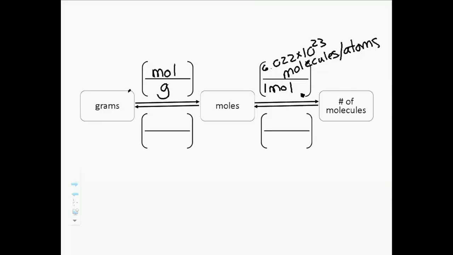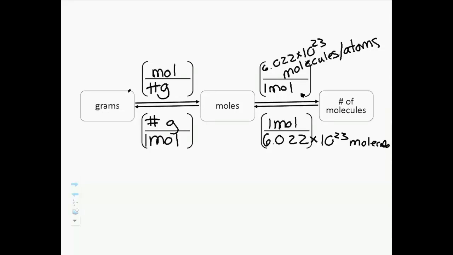Okay. Then you go back the other direction. So now you're starting with molecules. How do you get to moles? Well, if molecules is on top, it needs to be on bottom to go the opposite direction. And 1 mole. Then to go the other direction from moles to grams, moles can be then on bottom to make it cancel, and this will be the number of grams on top.